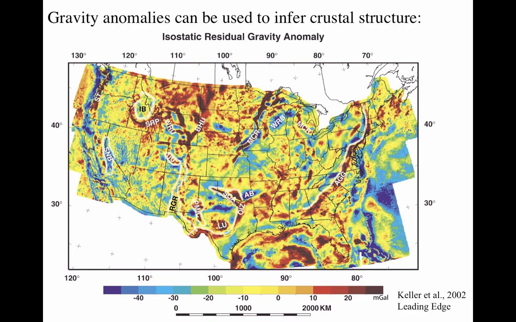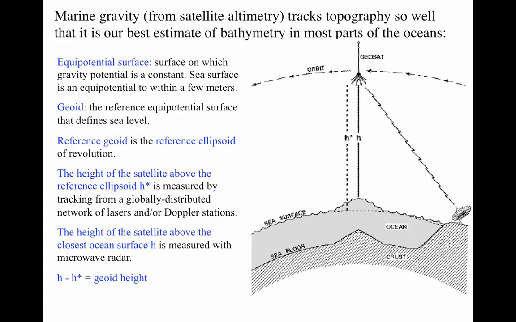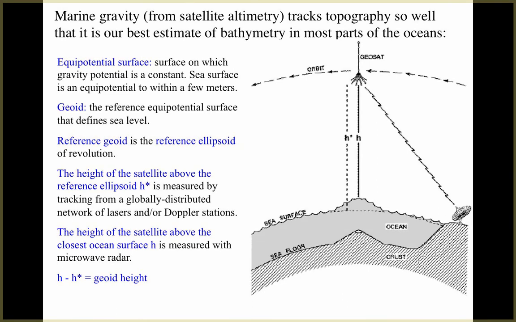In the oceans, gravity is even more revealing and can be measured even more simply using satellites. If a satellite passes over the surface of the Earth, its orbit is affected by the strength of the gravity field beneath it, and it can also measure exactly how high it is by looking at reflections from the sea surface.